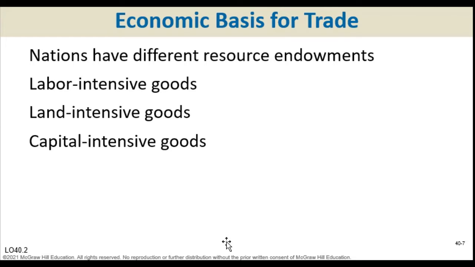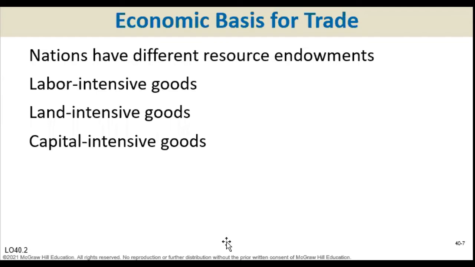The benefits of trade are derived from three facts. The first one is that the distribution of natural, human, and capital resources is uneven among nations. Some have better resources, some have fewer resources.